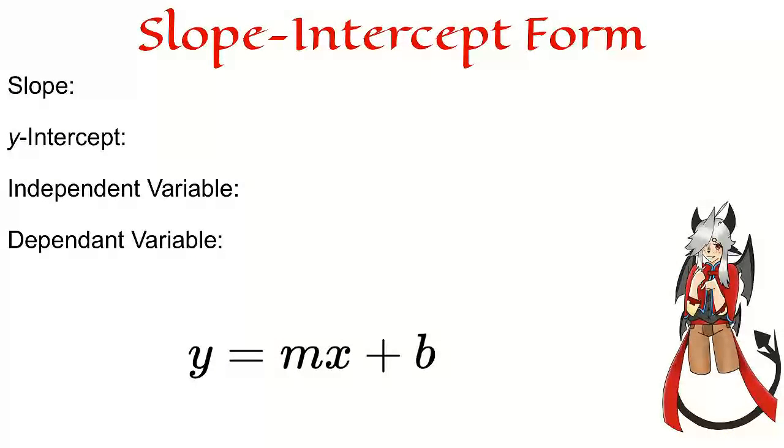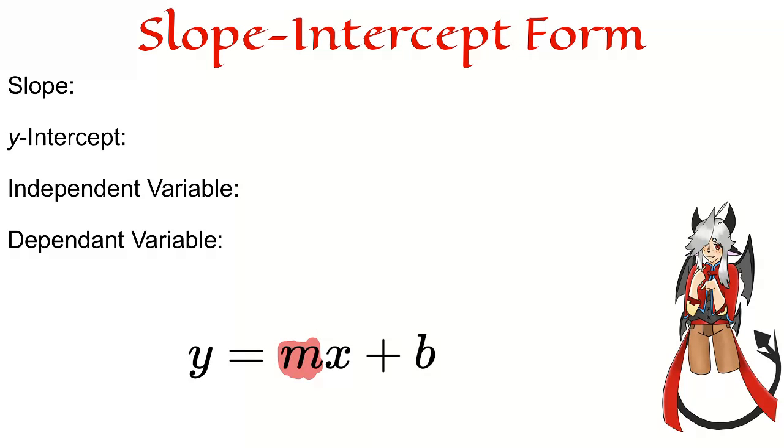All right, so the slope-intercept form of linear equations is the most commonly used form, and it's y equals mx plus b. So the slope is the m that's in front of the x.